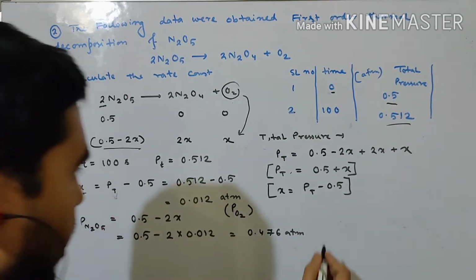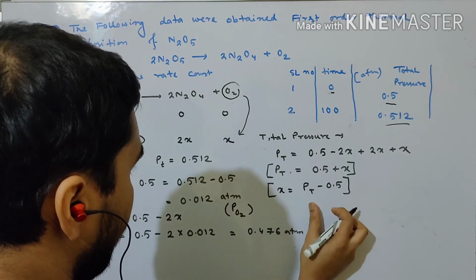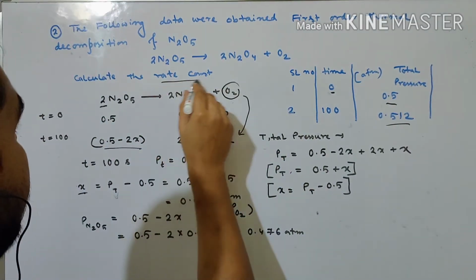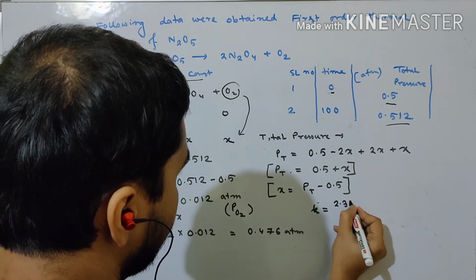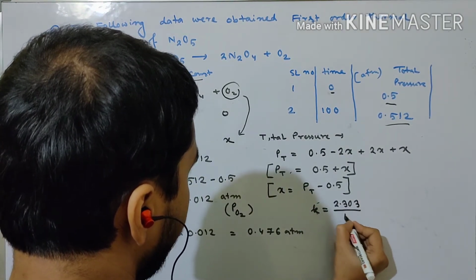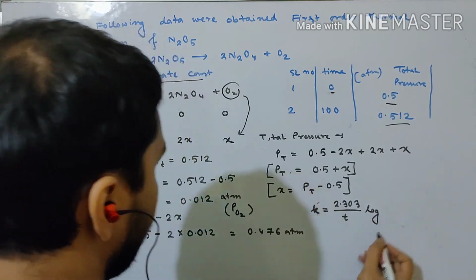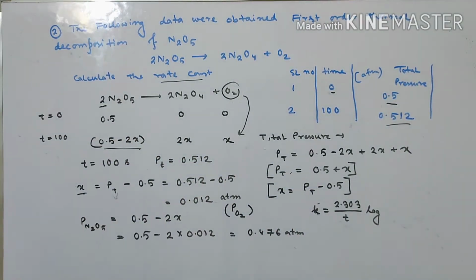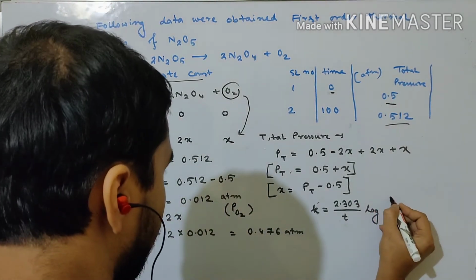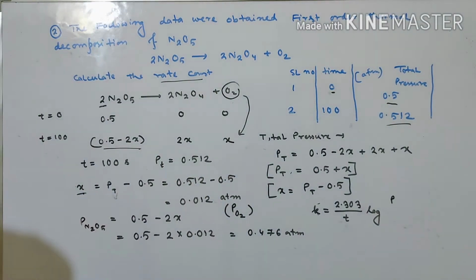For a first order reaction, we know if we have to find out the rate constant, the value will be K is equal to 2.303 by T log of, in this particular case, P0 by Pt. P0 means initial pressure divided by final pressure.